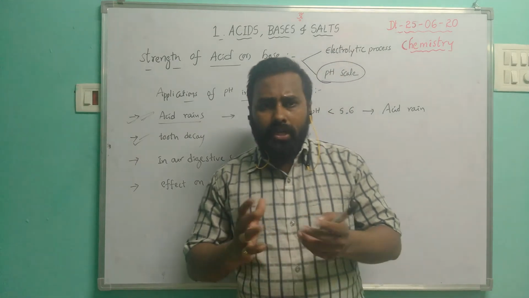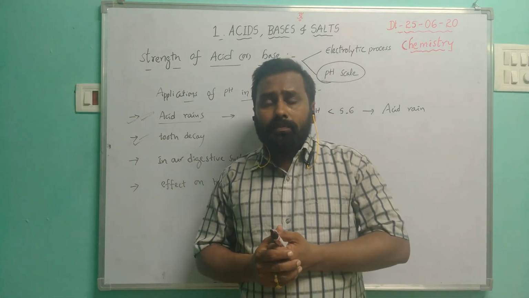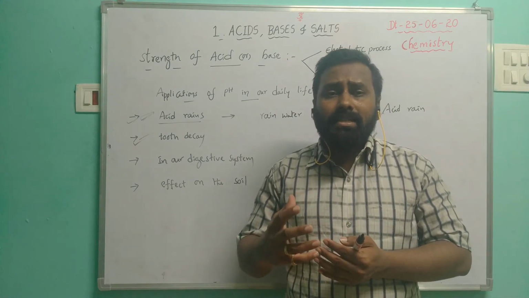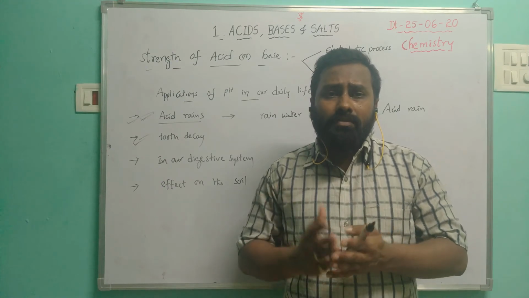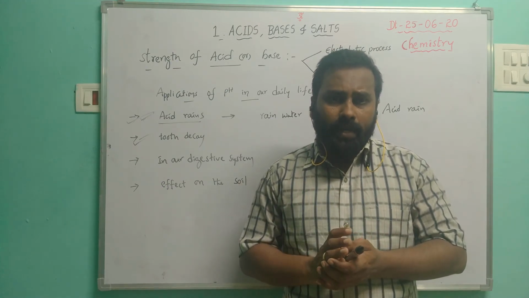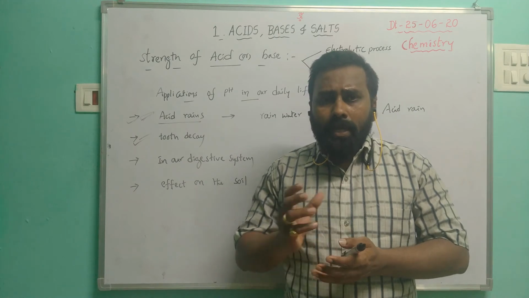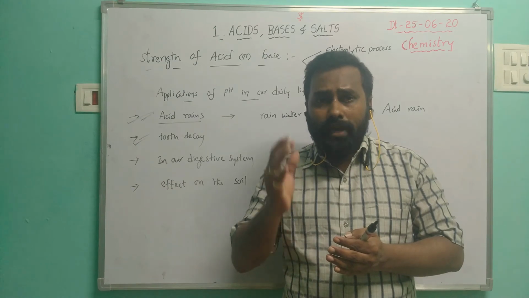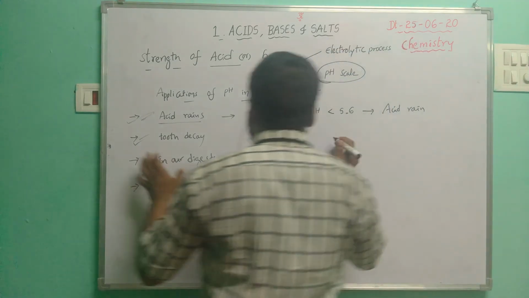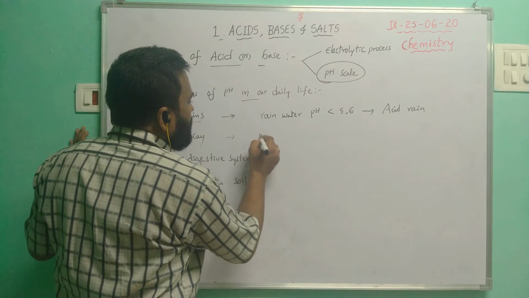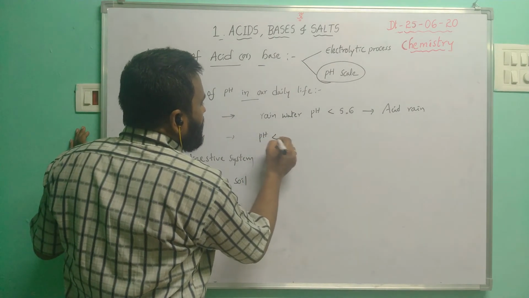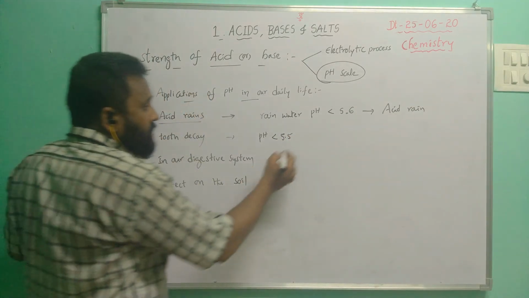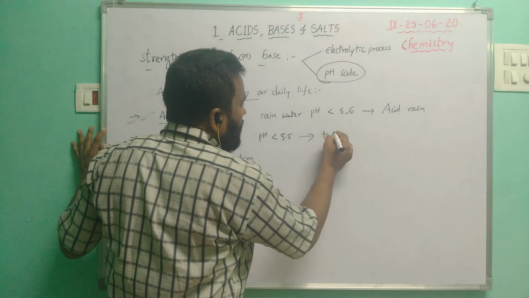It does not dissolve in water, but bacteria present in our mouth release some acids to degrade the food or sugar particles. Due to that, the pH value of the mouth decreases to less than 5.5. When pH is lower than 5.5, it causes tooth decay.